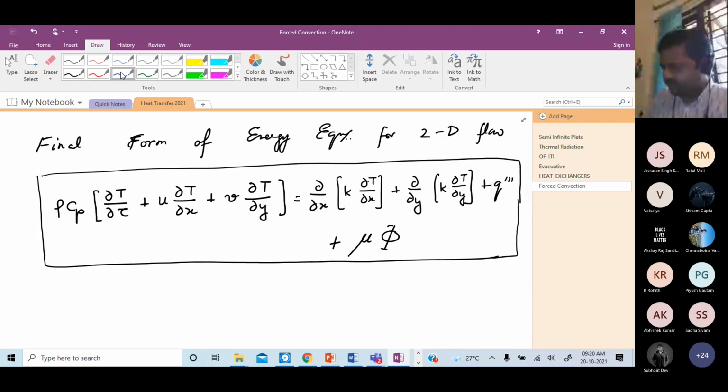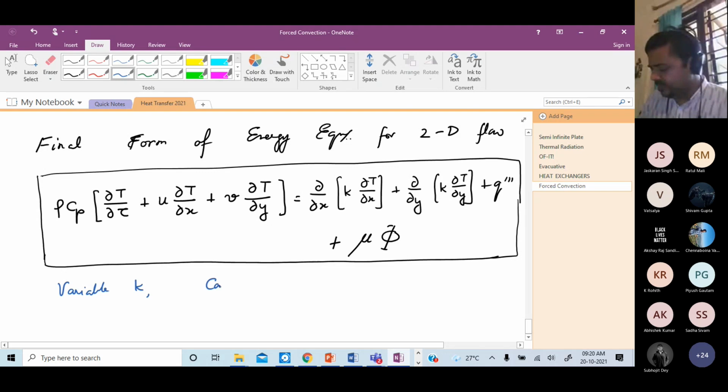So this is what it is. I may write here that in this form, the k is variable, but other properties like mu, rho, Cp are constant. So look into this equation. Rho Cp we know. Del T del tau, tau is time.